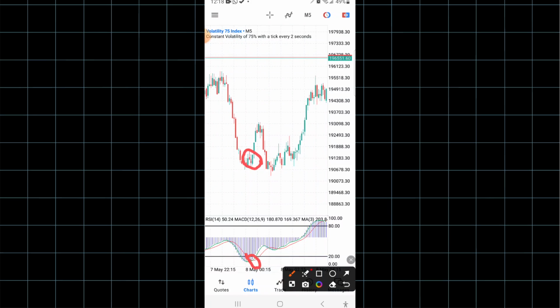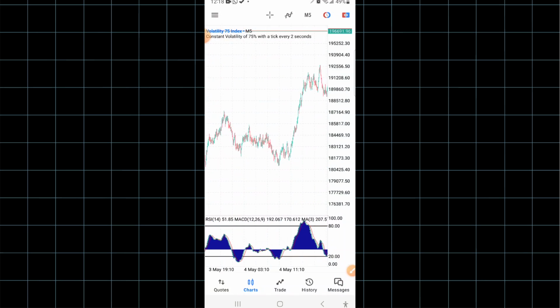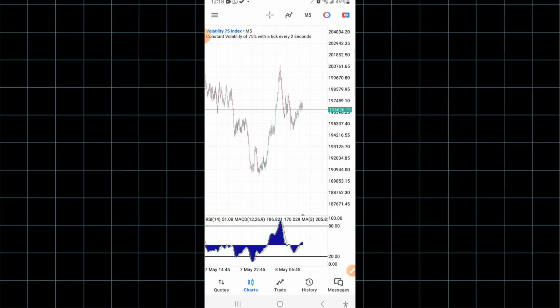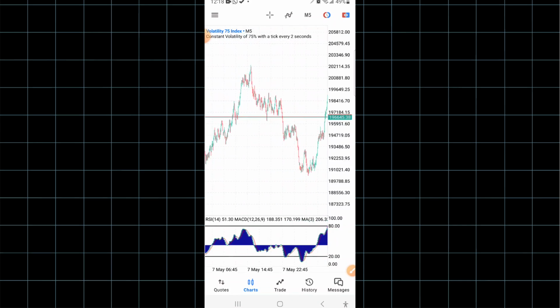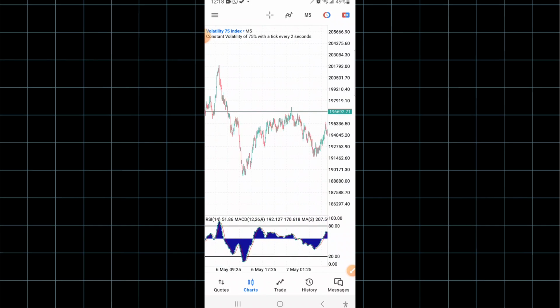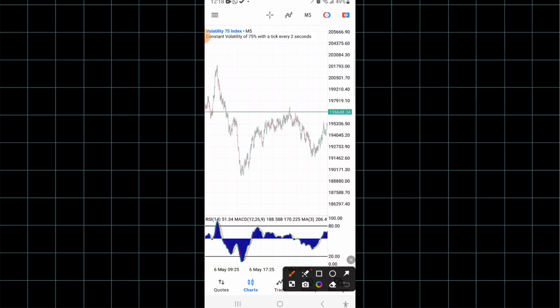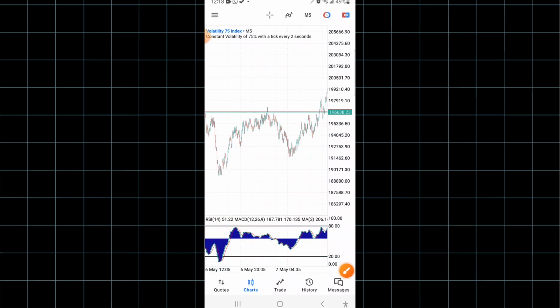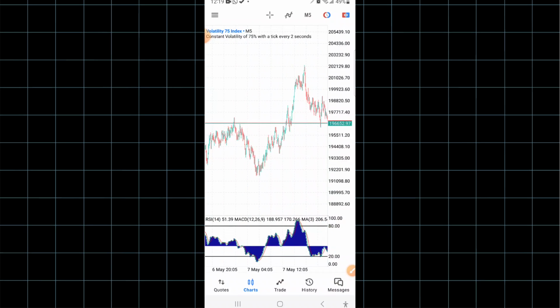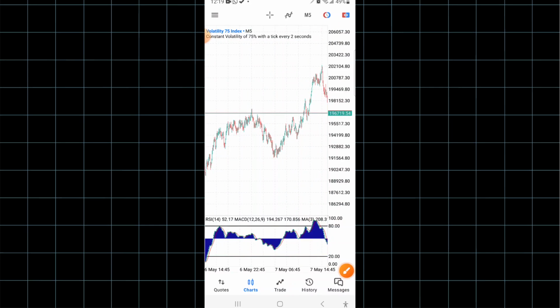Now, you can see that the market went up and then reversed before it goes up, but then it actually went up. So if you try moving the chart backward like this, you're going to see that there are moments like this where the market repaints. Look at this. If you do this, you're going to see this market is below. But if I move it like this, you're going to see now it's not below.